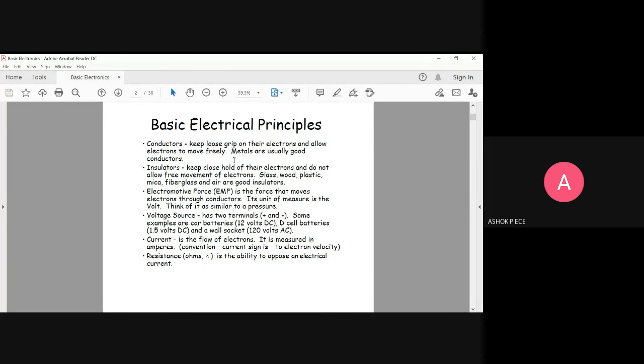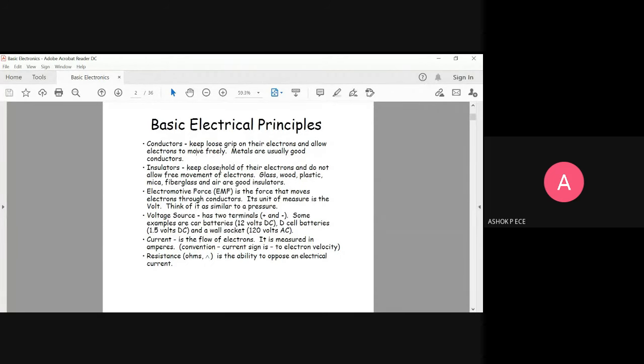Examples of good conductors are metals: gold, aluminum, silver, copper. All metals are very good conductors because free electrons are available in abundant numbers, and you can easily make them move and get the required current.